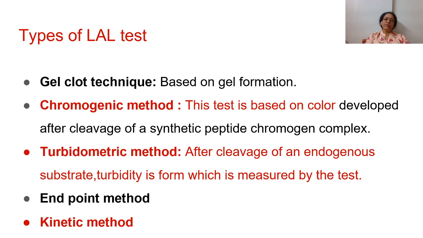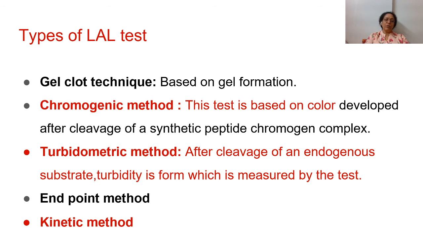In the chromogenic method, there is development of a color after cleavage of a synthetic peptide chromogen complex, which can be measured photometrically, colorimetrically. While in the turbidometric method, after cleavage of an endogenous substrate, turbidity is formed. Again, it can be measured by optical density, that is photometrically, giving the presence of endotoxins and their level in the particular pharmaceutical product.